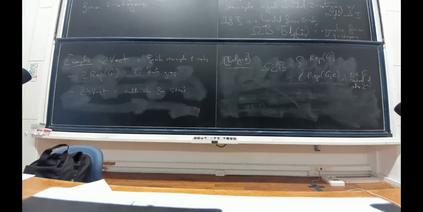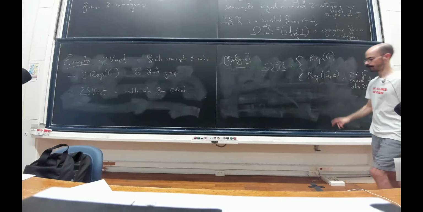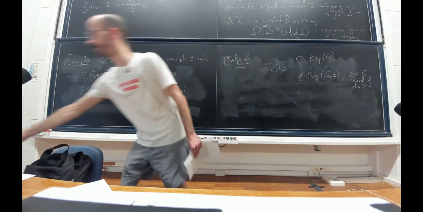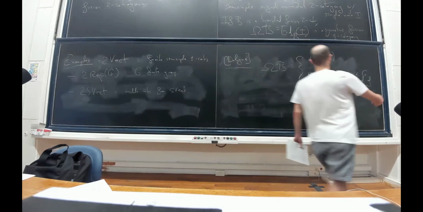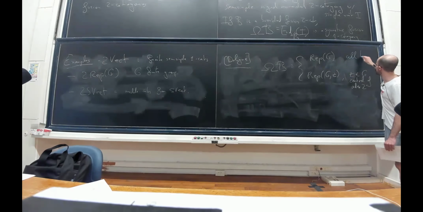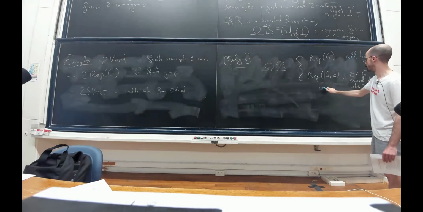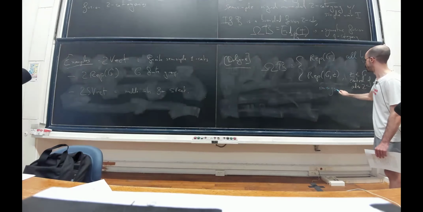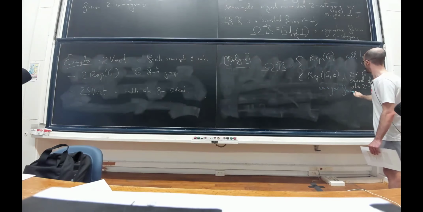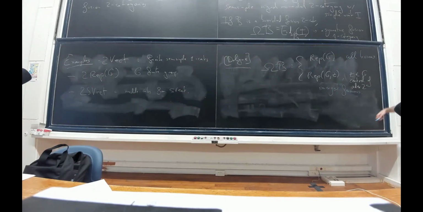In the first case, I'm going to refer to the theory as having all bosons. And in the second case, I'm going to refer to the theory as having emergent fermions.